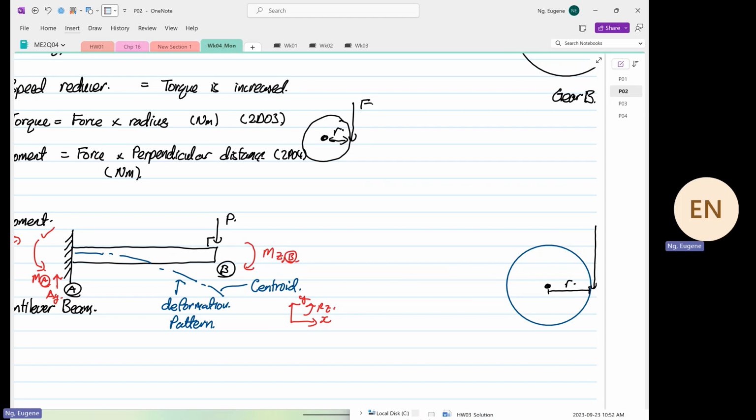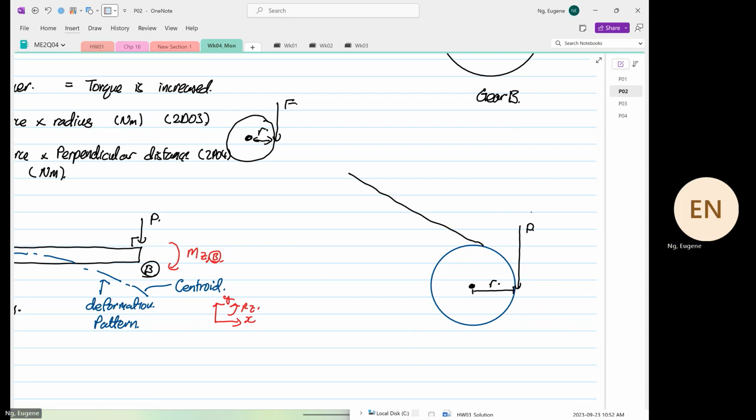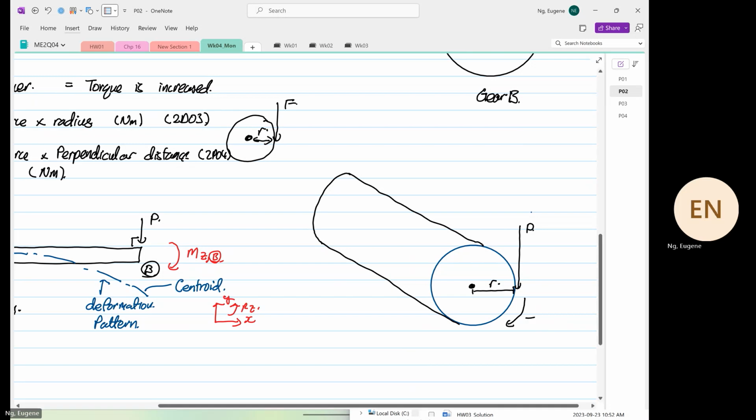That's why we call it perpendicular distance. The radius here is also a perpendicular distance. The difference is this. When I start drawing this in 3D, T times R is going to generate a motion known as torque. Okay, this is what torque is.